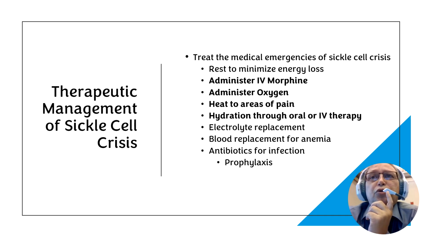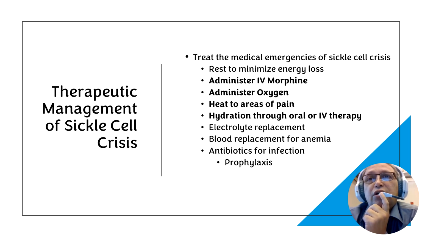Well, first off, we treat the emergency. We can provide rest to minimize the caloric use of the person. We're going to give morphine for pain, and administer oxygen just to support what cells are functioning to get any kind of perfusion to the rest of the body as best we can. We're going to apply heat to the areas of pain, dilate the vessels, move the blood along.